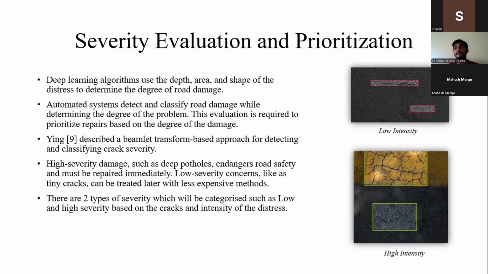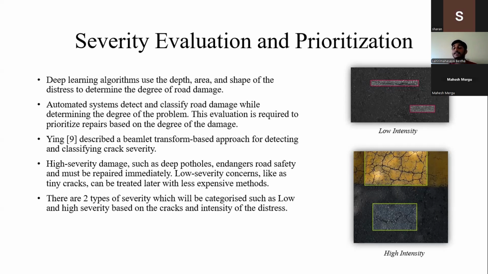In this way, we determine the intensity of the crack in the particular image, and we tag that location so that the road repair team can pinpoint exactly where the crack has happened and repair the roads.